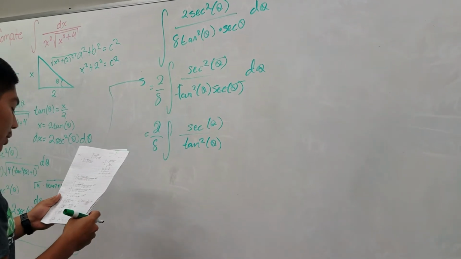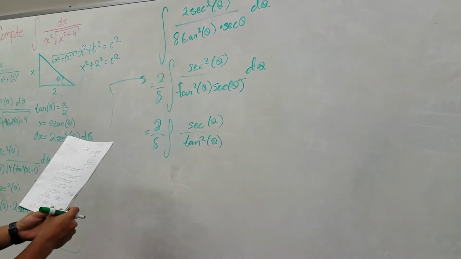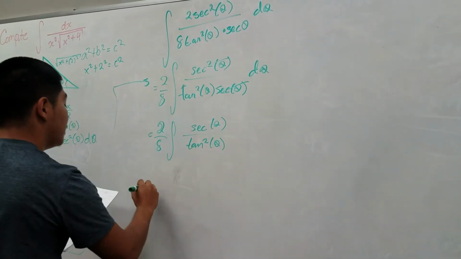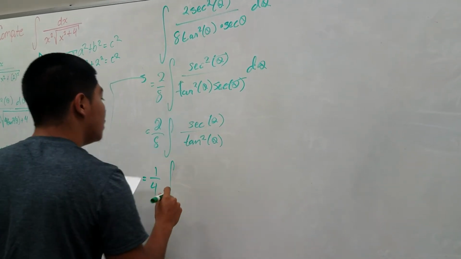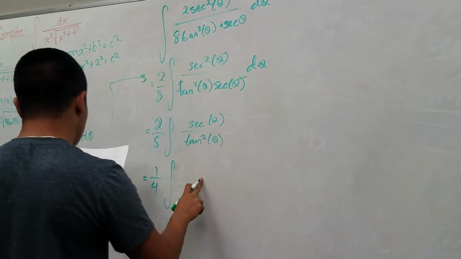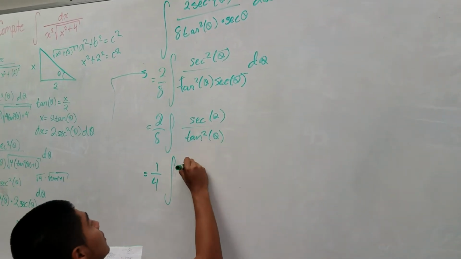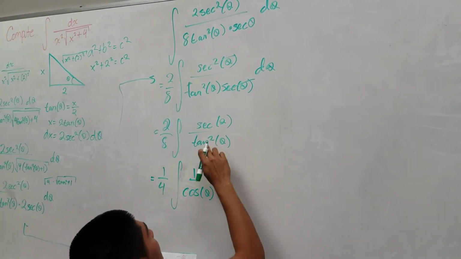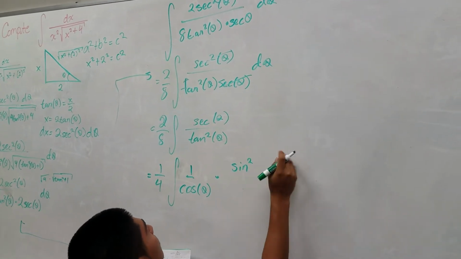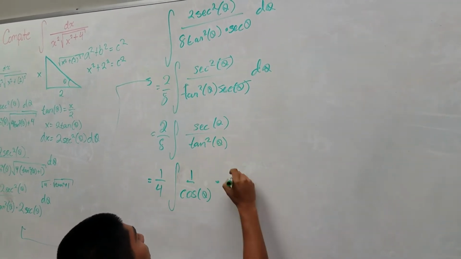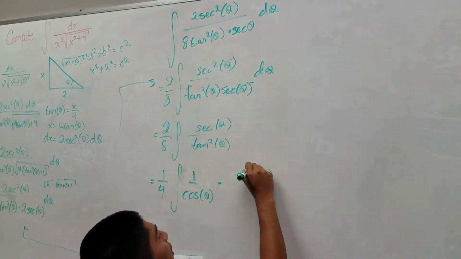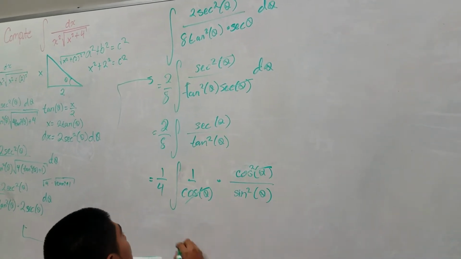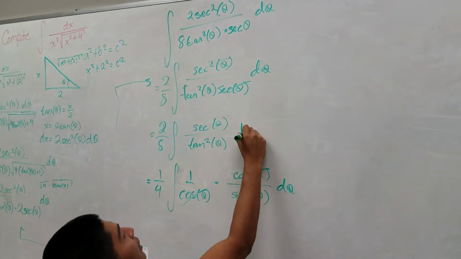Another thing we can notice is that we can simplify this even further, which would be 1/4 integral of secant, which is 1 over cosine of theta, times, since tangent squared is upside down, cosine of theta squared over sine squared of theta, d theta.